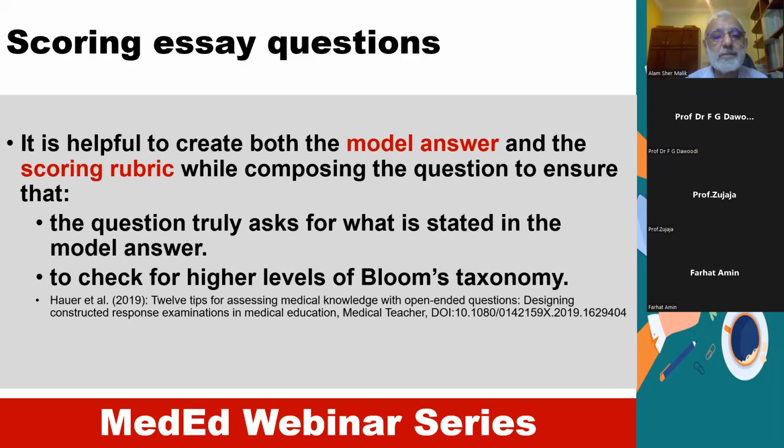So these two aspects, creating a model answer and creating a scoring rubric, would be very, very useful to handle the subjectivity, which is stated to be a big problem in essay questions.